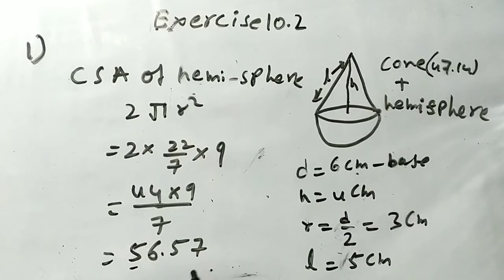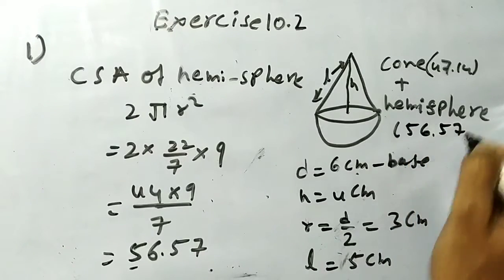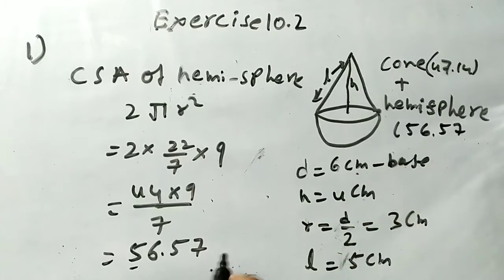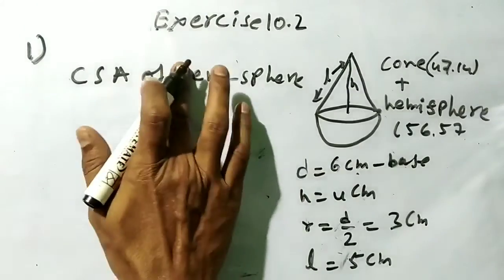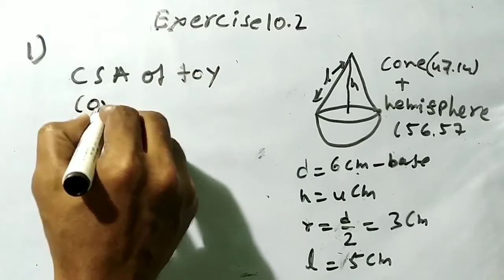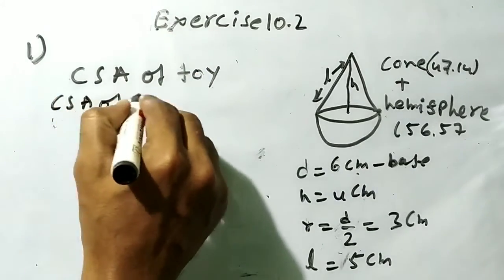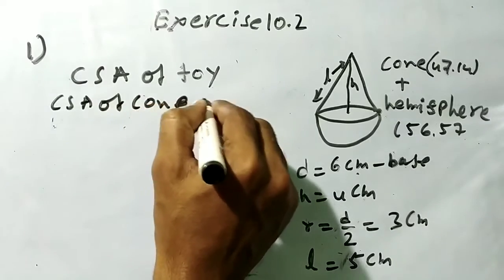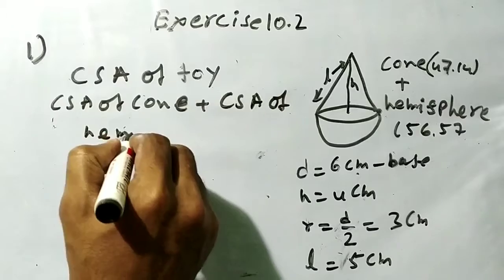So here I will write that 56.57 is the CSA of the hemisphere in centimeter square. I have given centimeter square. So the CSA of a toy is the CSA of cone plus the CSA of hemisphere.